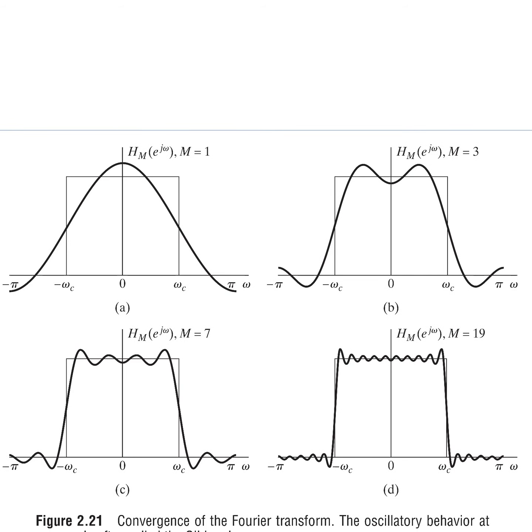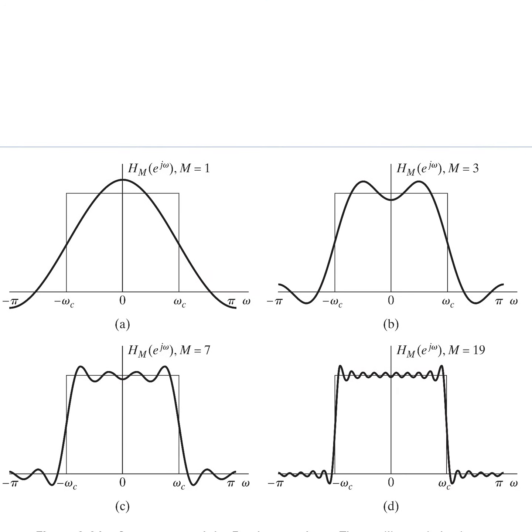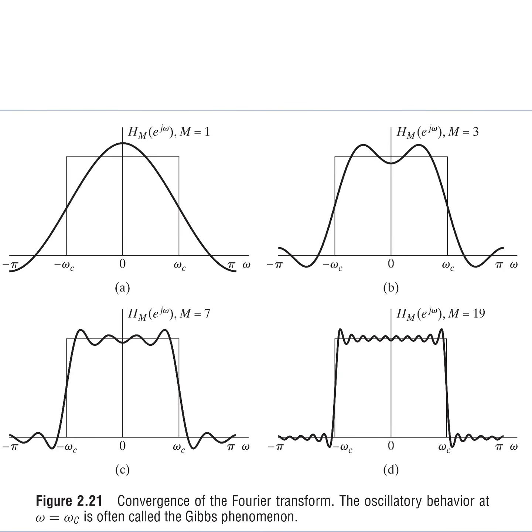Okay, so here is the figure. If we compute numerically for increasing values of m, we see that when m is equal to 1, this is how your H_m(e^{jω}) looks, because it's a continuous function, this one. But this is a discontinuous function at omega equal to omega c, as we defined initially.